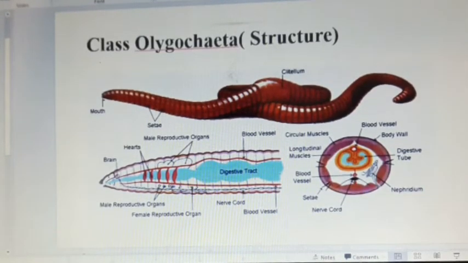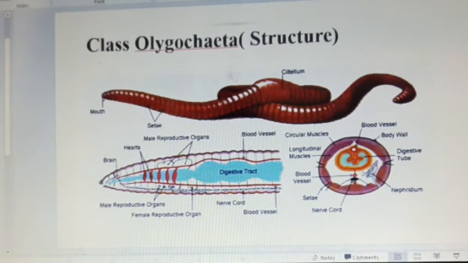If we want to know about the external features of Lumbricus or earthworm, Oligochaetes have setae but fewer and shorter than are found in polychaetes. The prostomium consists of a small lobe in front of the mouth and lacks sensory appendages.